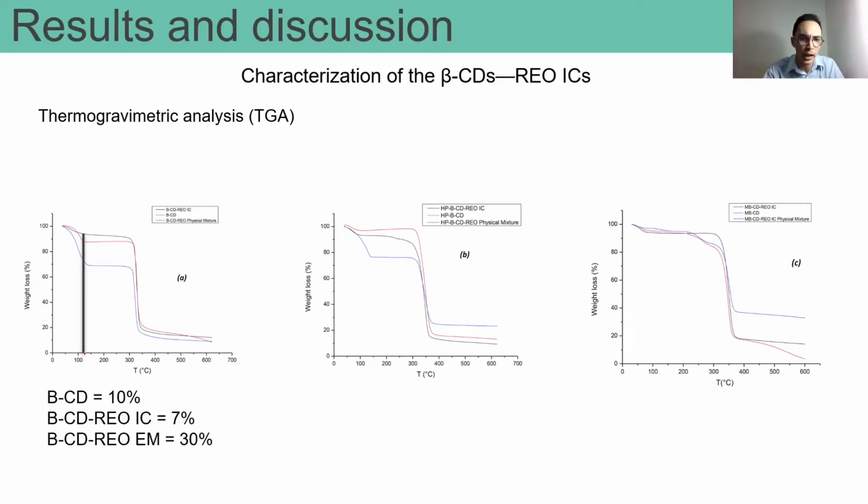At almost 120 degrees Celsius, beta-cyclodextrin lost 10% of its mass, and its inclusion complex lost just 7%, less than 10. And the physical mixture was 30%.